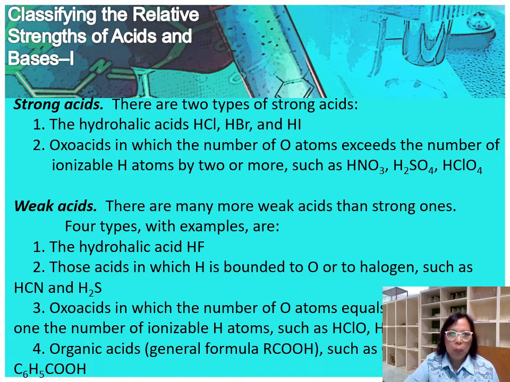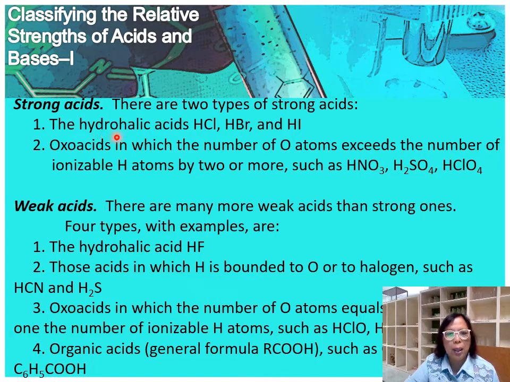Okay, classifying the relative strength of acids and bases. There are two types of strong acids, the hydrohalic acids and the oxoacids. I think we made mention last time that the hydrohalic acid refers to the acid that belongs to the halides.